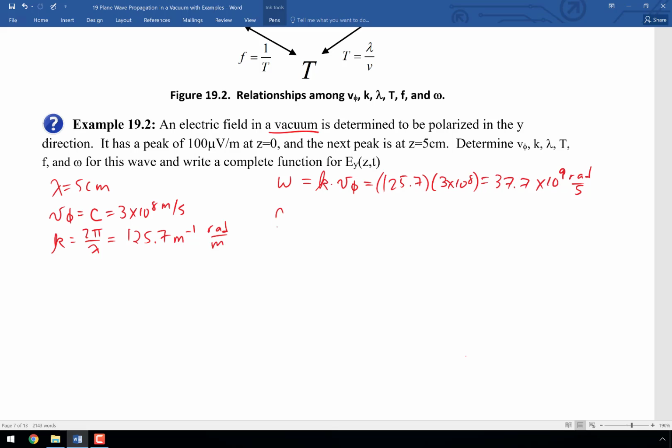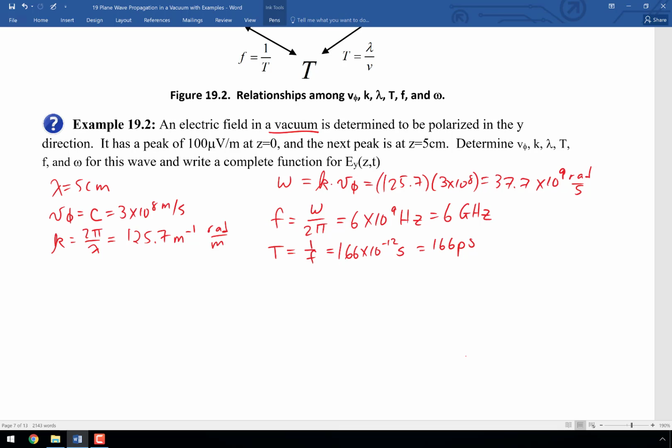And then we can have f equals omega over 2 pi, which is, it turns out, 6 times 10 to the 9th hertz, which is 6 gigahertz. And then we can calculate T is 1 over f, which is 166 times 10 to the -12th seconds, which is 166 picoseconds.